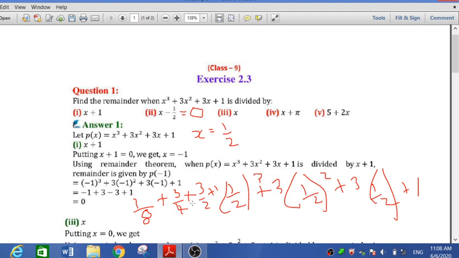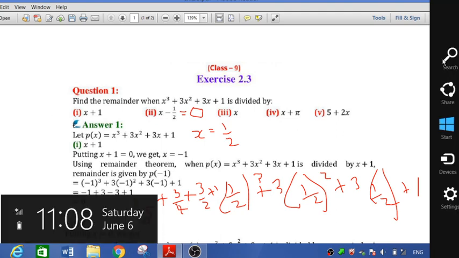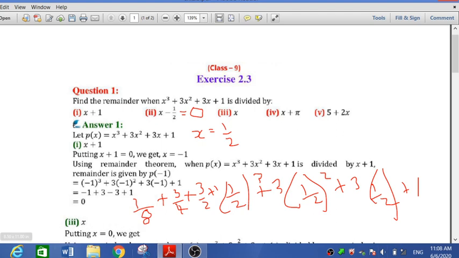We have to multiply each term with 8. So 1 upon 8 multiplied by 8, 3 by 4 multiplied by 8, 3 by 2 multiplied by 8 and 1 multiplied by 8.